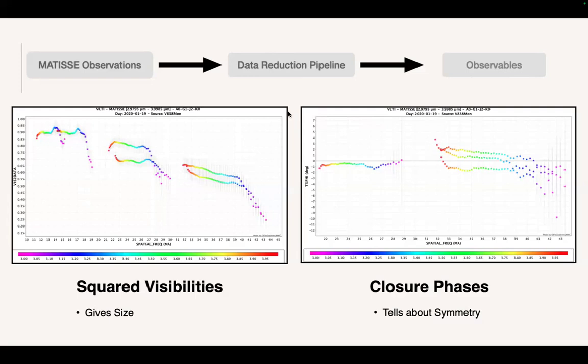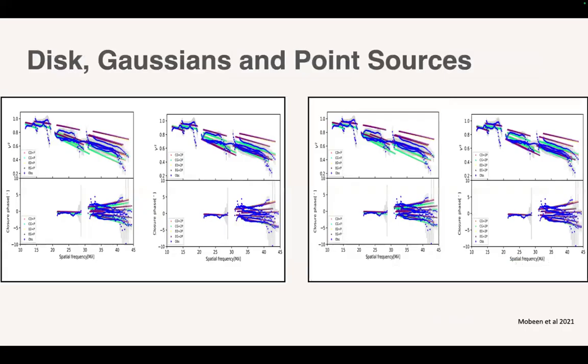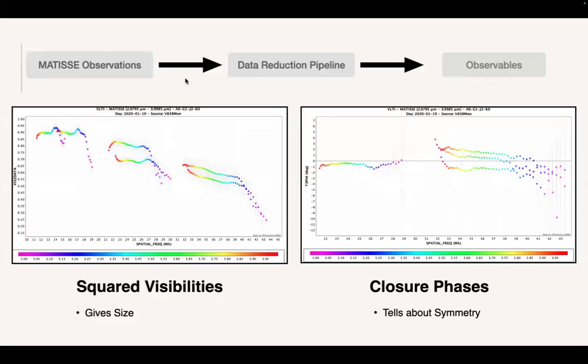You can install them on your computer. They have a bunch of manuals and tutorials. But we thought, let's try to figure out what intensity distribution on the sky could perhaps best reproduce the observations.